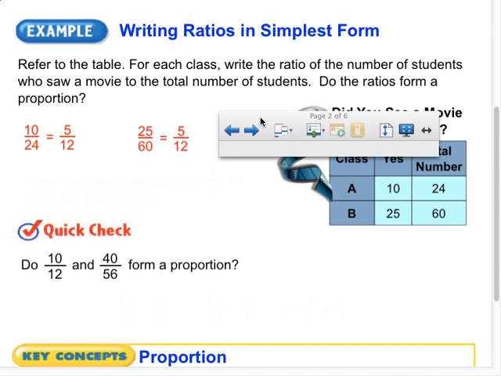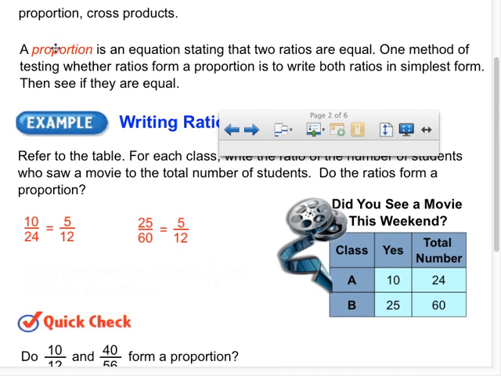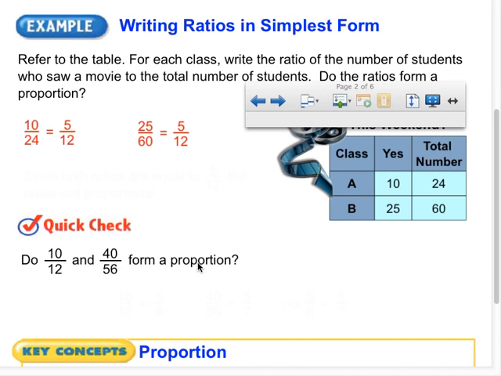12. So do you guys remember the definition of a proportion? A proportion is an equation stating that two ratios are equal. So are these ratios equal? Yes. So since both ratios are equal to 5/12, the ratios are proportional. So the ratios are only proportional if they are equal in simplest form.